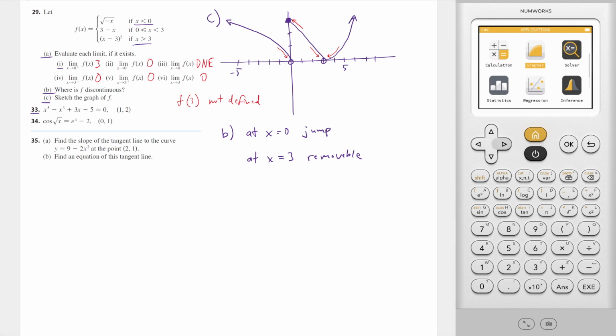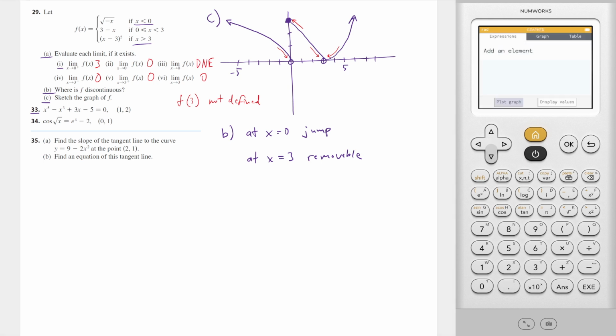For example, if you didn't realize what the square root of negative x looked like, you can just put it in your calculator, hit OK, and now we graph it, and boom, there you go. You see it has that shape that I drew there. You can always plug points into the function and make a table, all those things.